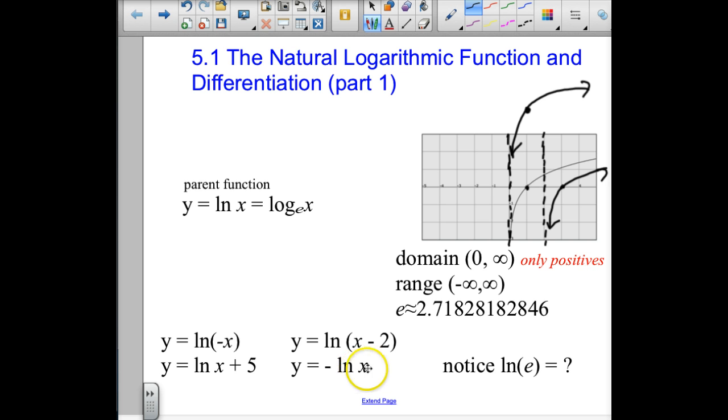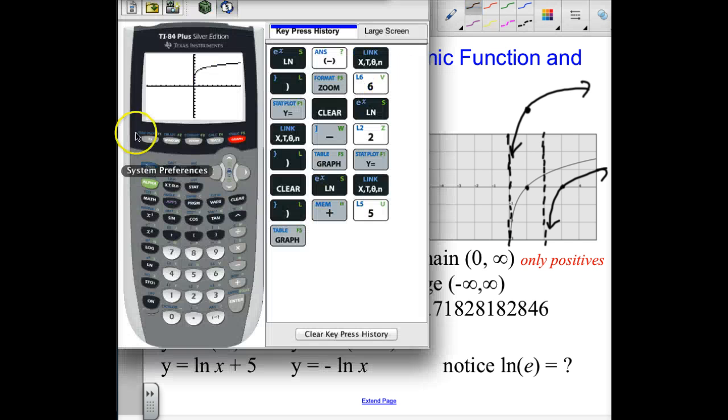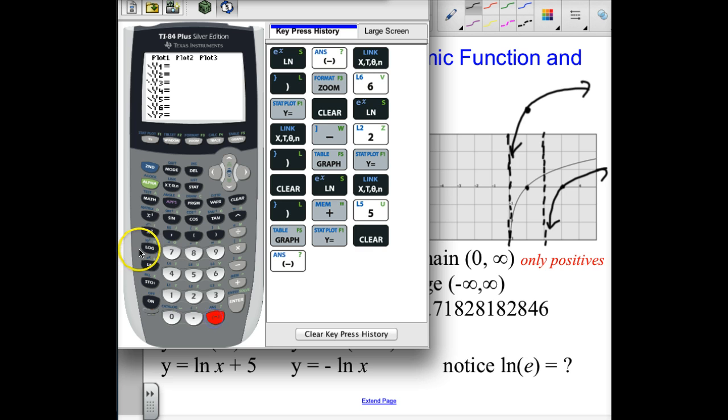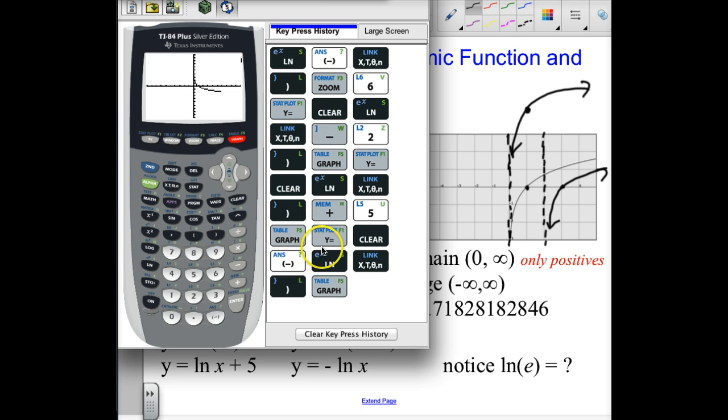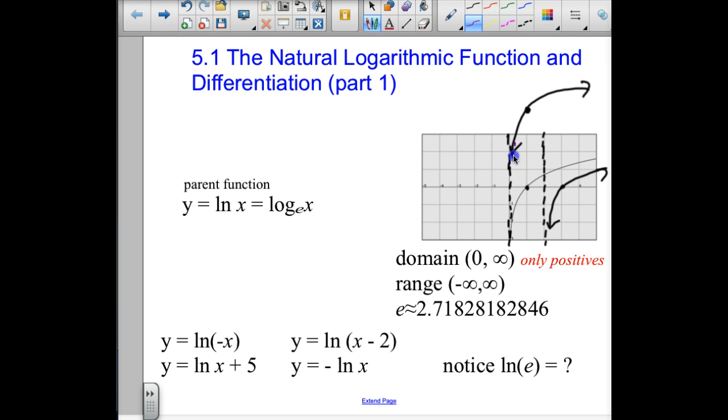And then the graph of negative natural log of x. If you multiply this function times a negative, it should reflect over the x-axis. And it does. So what that demonstrates is that this function behaves the way that all of our other functions behave.